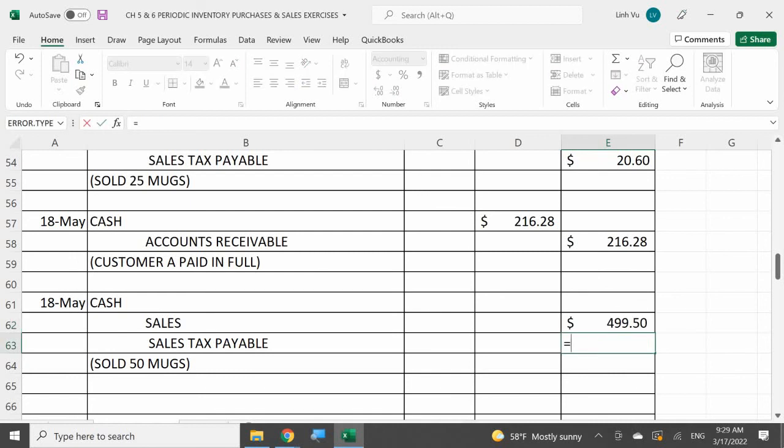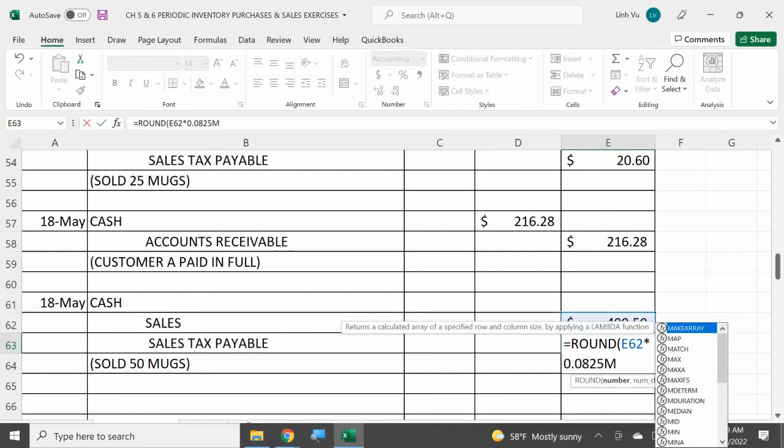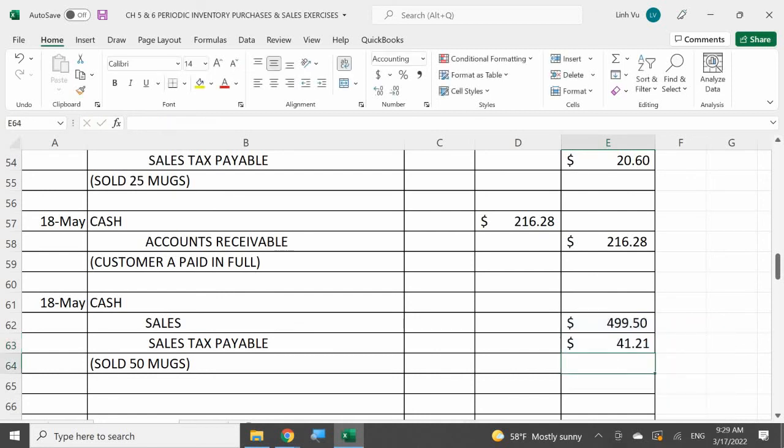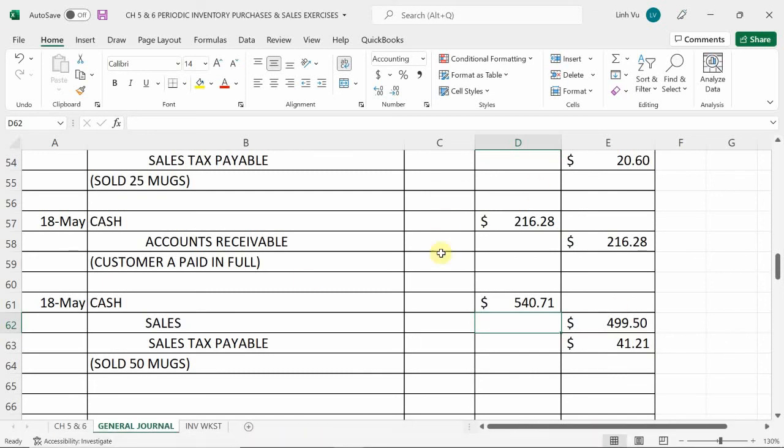How much tax am I going to be charging or collecting? $41.21. So therefore, I should be receiving a total of $540.71 for this sale. Okay.